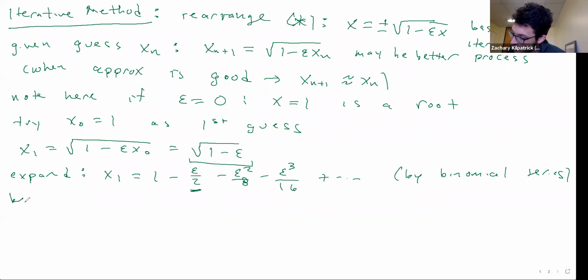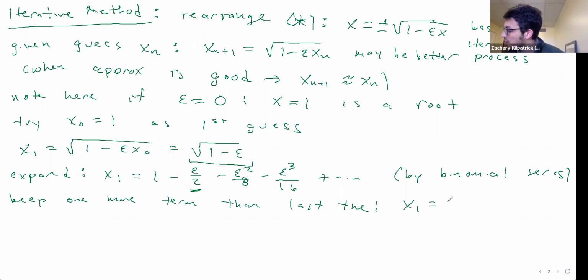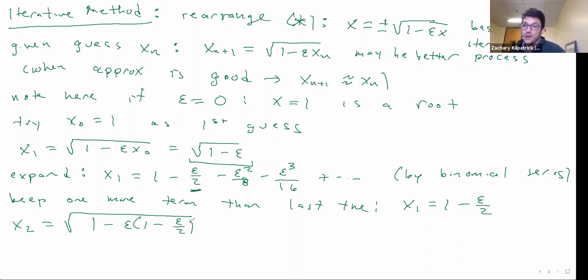So essentially keep one more term than last time. And so we end up with x1 is equal to 1 minus epsilon over 2. That's going to be our next guess. And so then x2 is equal to the square root of 1 minus epsilon, 1 minus epsilon over 2.